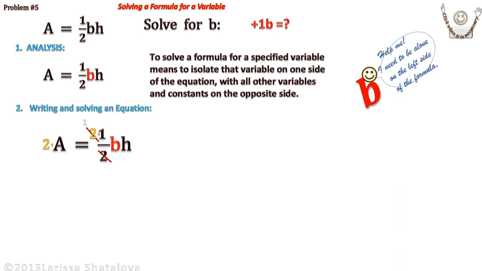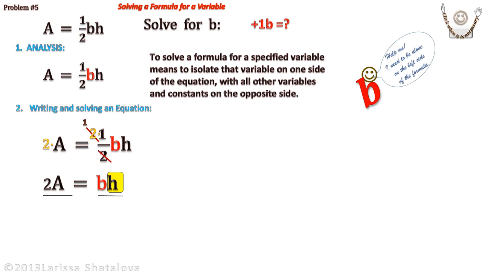As a result, we will have 2 times a, or 2a, equals b times h. Now we are looking just for b. Okay, let's divide both sides by h. So now h over h is 1, and we can turn around and we can show b is 2a over h.